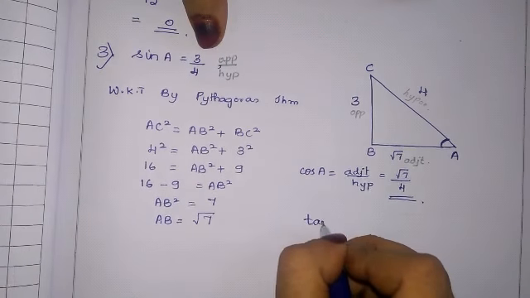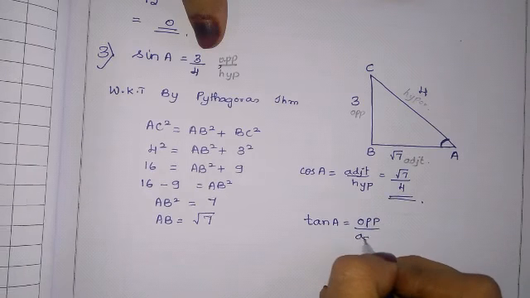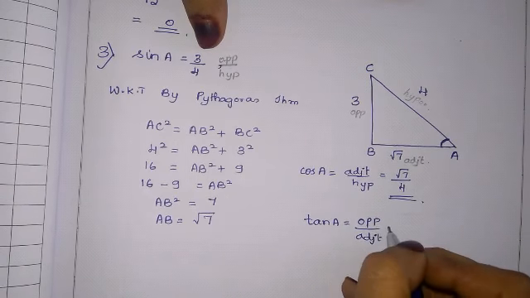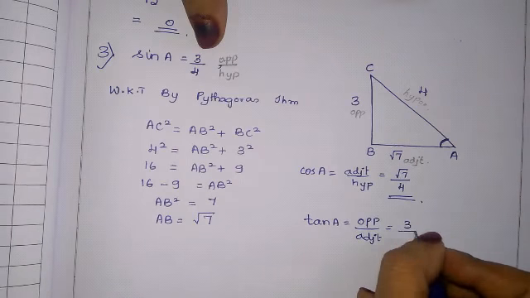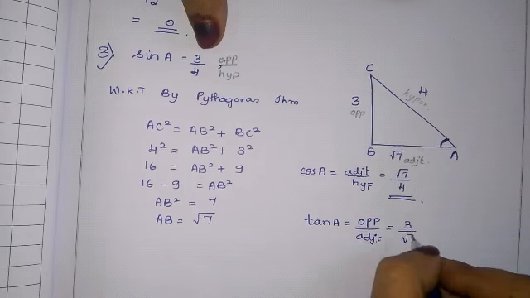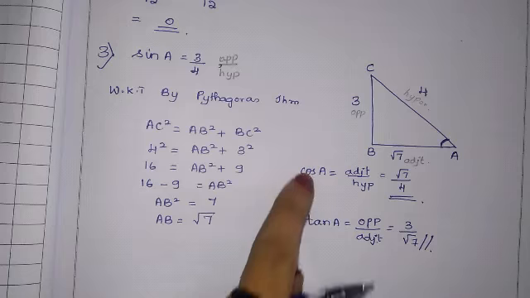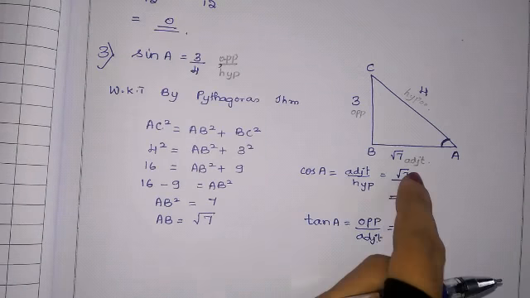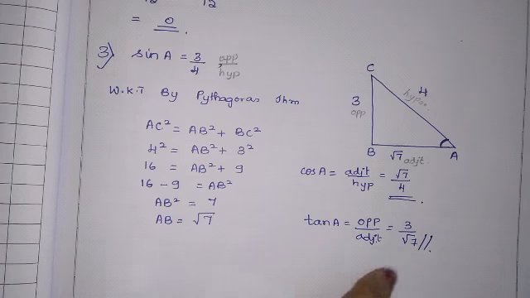So tan A. Tan is opposite upon adjacent. You should remember this side's name. Opposite 3 upon adjacent root 7. This is the value you have to find. What they have told? Cos A and tan A. Cos A is root 7 by 4 and tan A is 3 by root 7.